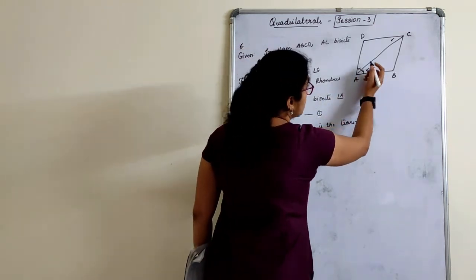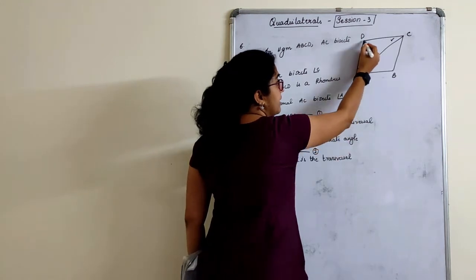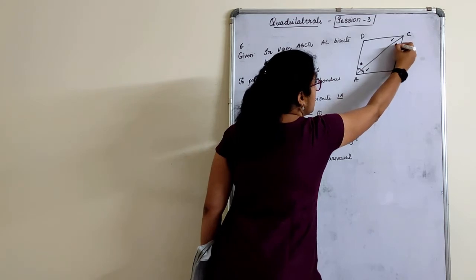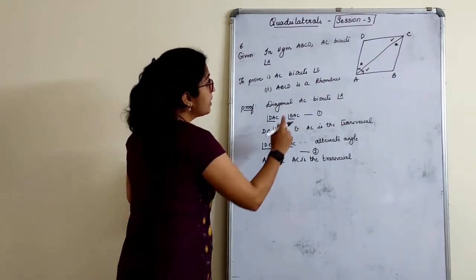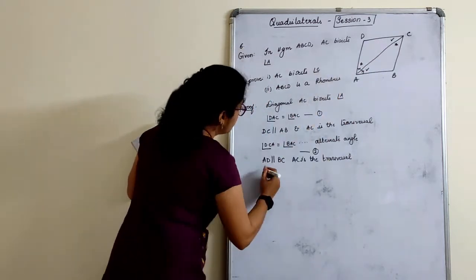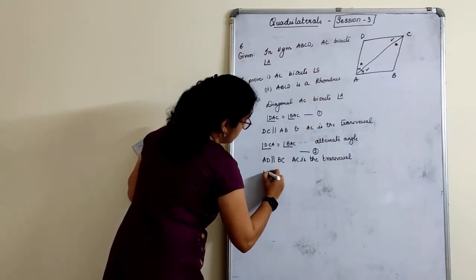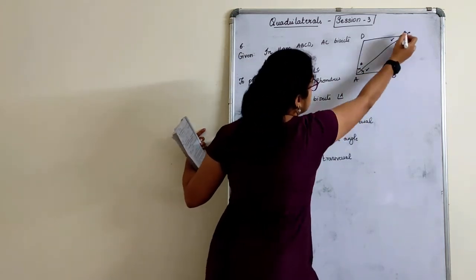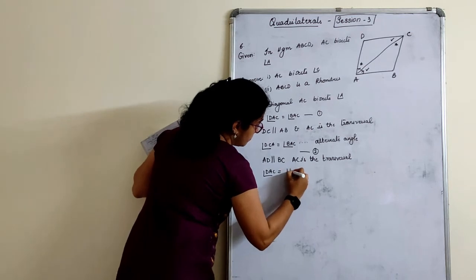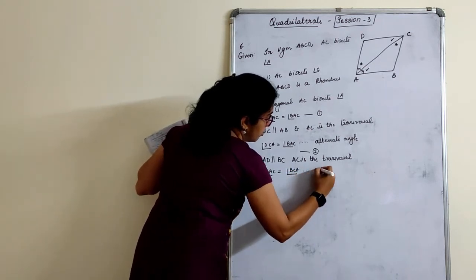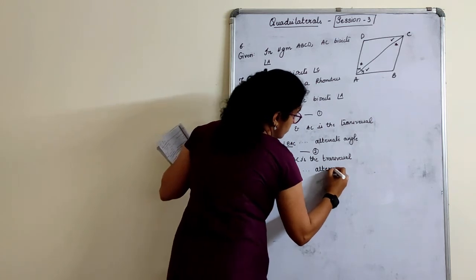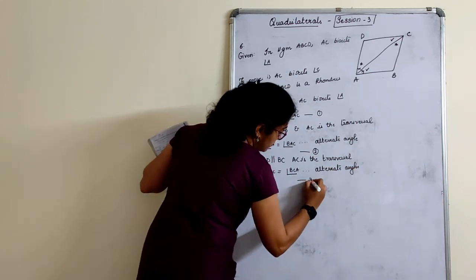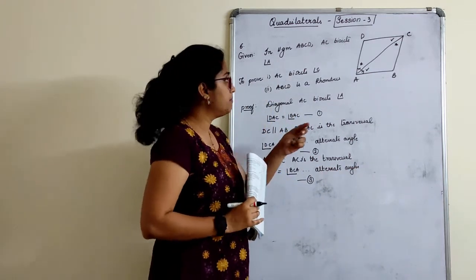Since AC is the transversal here, Z formation comes. I'll put a star. This angle is equal to this angle. Angle DAC is equal to angle BCA. Alternate angles. Equation 3.